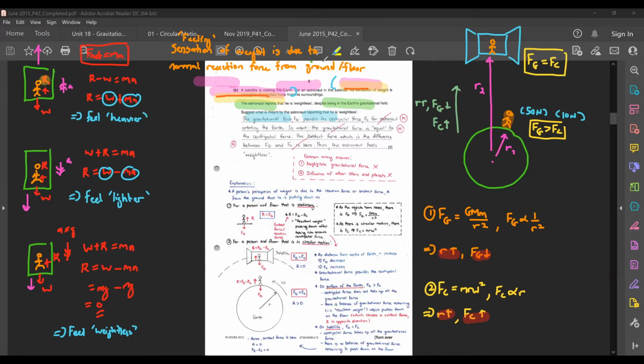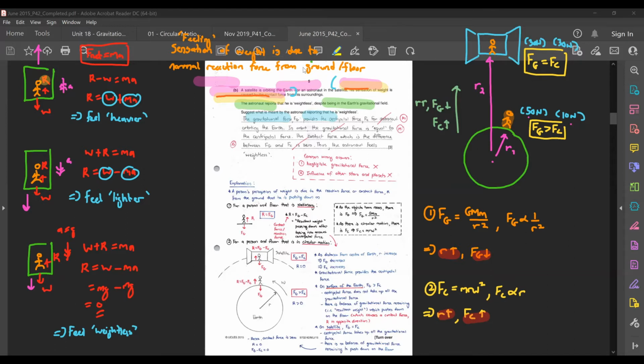So your gravitational force originally on the surface was 50 Newton, but as you keep going up to space towards the satellite, it could have dropped to, say, 30 Newton. At the same time, your centripetal force originally was 10 Newton, and as you go further up it increased, perhaps up to 30 Newton. So your gravitational force equals your centripetal force, and there's no resultant downward force anymore.